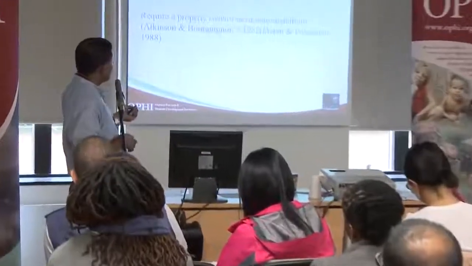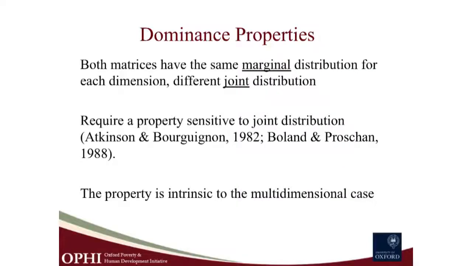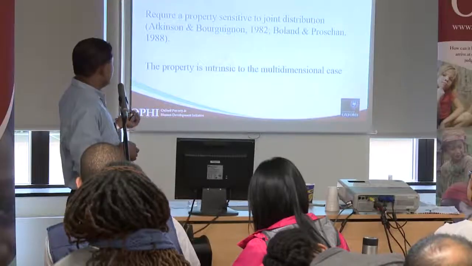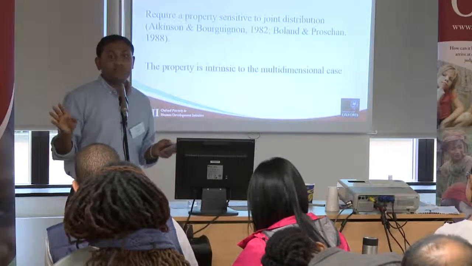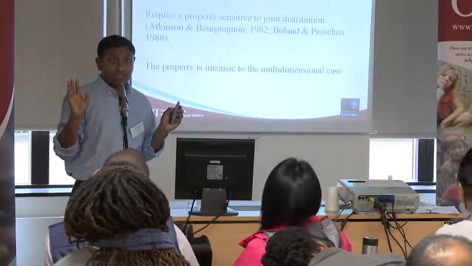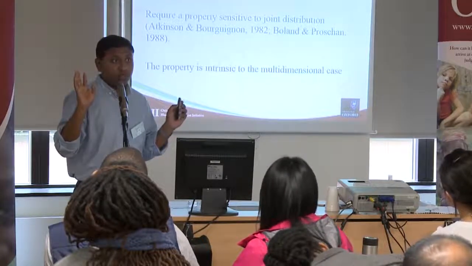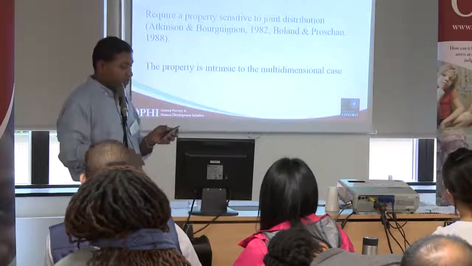So it requires a property sensitive to joint distribution, which was motivated more than 30 years ago by Atkinson and Bourguignon, and then also by Boland and Proschan, but it's in the Journal of Multivariate Analysis, and this is one of probably Review of Economic Statistics, Review of Economic Studies. So this property is intrinsic to the multidimensional case. You do not need this kind of property in the single dimensional case. You have only one dimension. Joint distribution doesn't matter, but it's very specific to the multidimensional case.